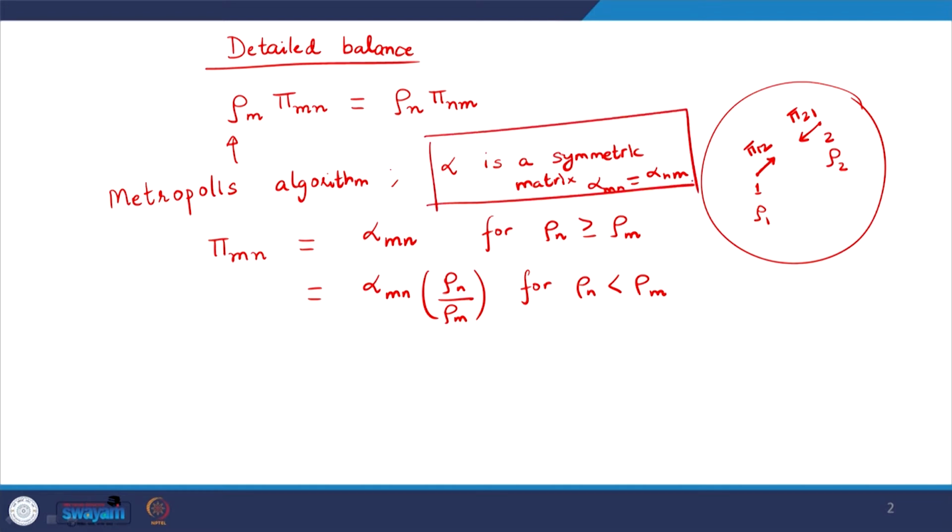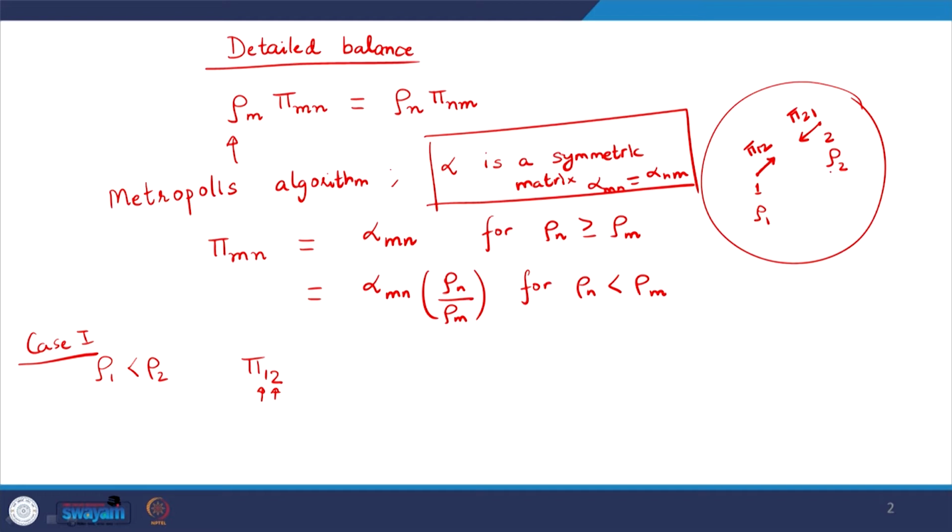So let's do one case where, for example, rho 1 is less than rho 2. Now in this particular case, what I find is pi 1 2. So n is 2 here and m is 1 here, and clearly rho 2 is higher than rho 1.